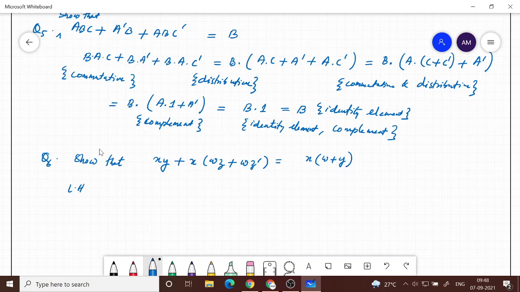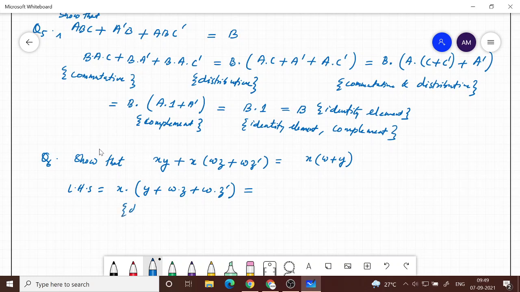Okay, so you start from LHS. So you can see that x is everywhere. So maybe a good idea to take x out, and then you have y plus w dash plus w dash. Again you can take w.